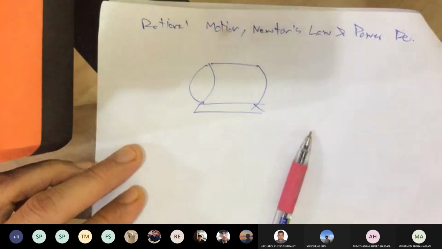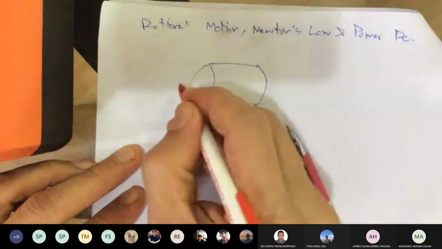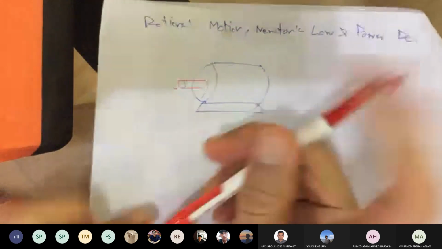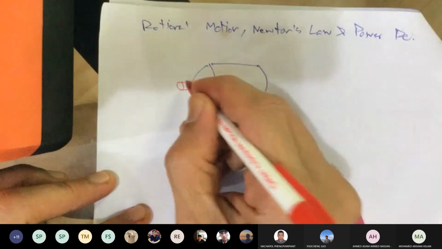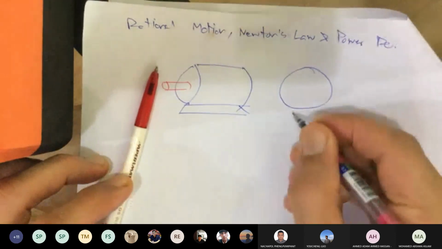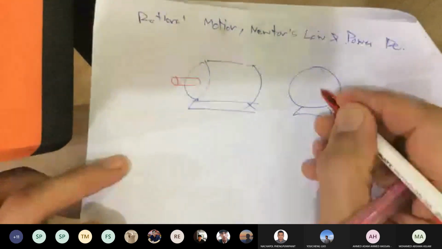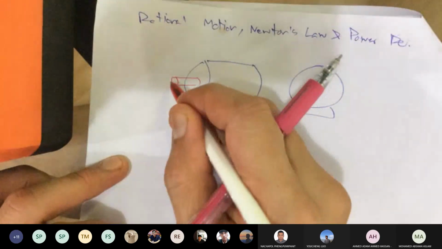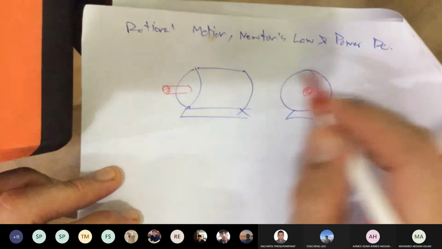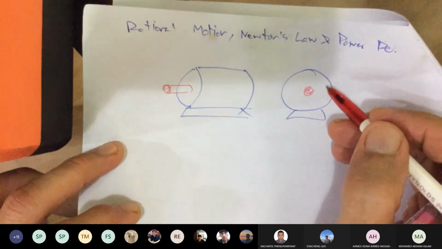See, it's going to have a shaft sticking out. Kind of like that. And this thing's going to spin. So you look at a cross section. This is what I'm going to see, right? So this is a rotational motion. It doesn't move like a linear motion.